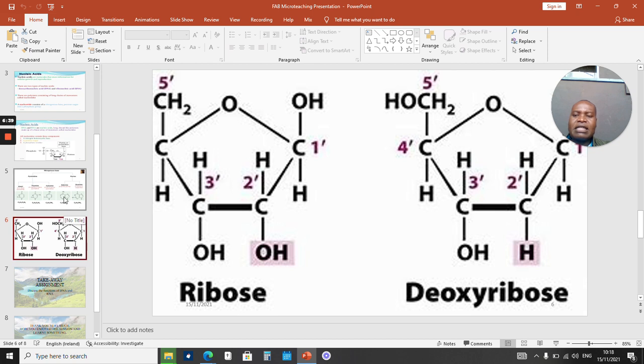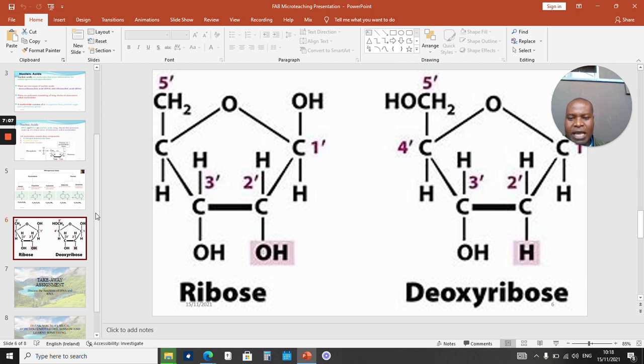Now, what brings the difference between DNA and RNA in the types of sugars that they have? We have 2 types of sugars that make up the nucleic acids. Can you read them for me? Class? Yes, we have the ribose sugar.